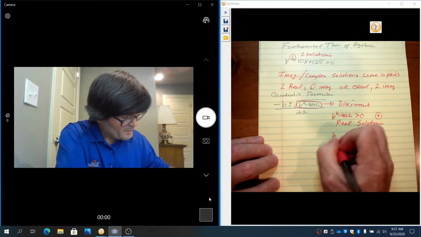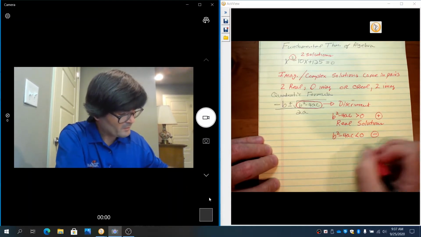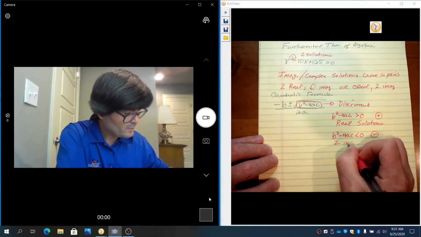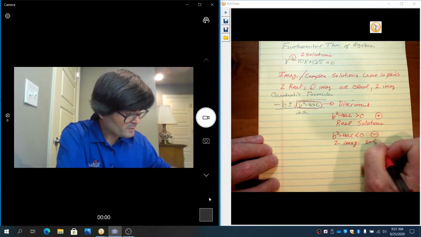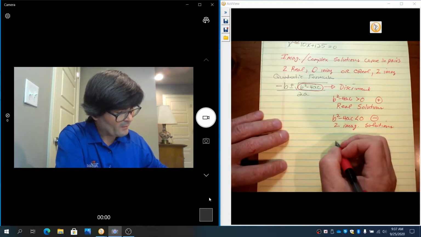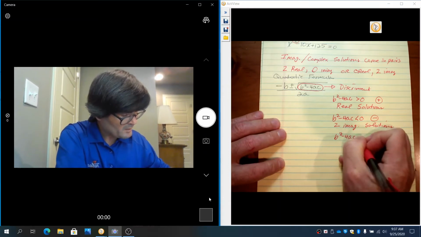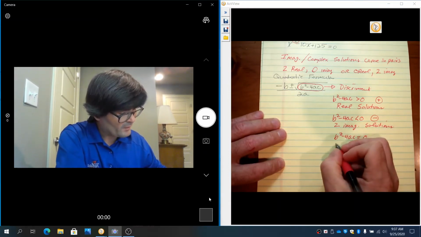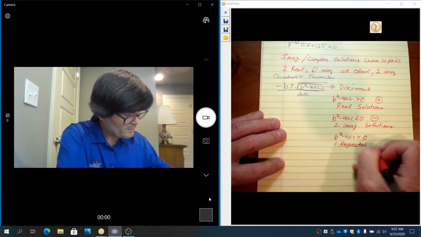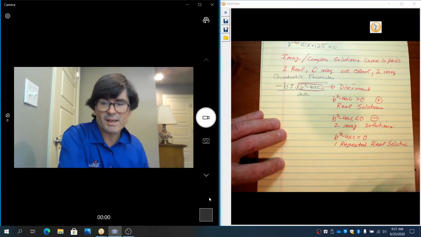If b squared minus 4ac is negative, below 0, because you'd have the square root of a negative number, you're going to have 2 imaginary solutions. And then if b squared minus 4ac is equal to 0, then you have 1 repeated real solution. So we'll talk about that one in a minute.